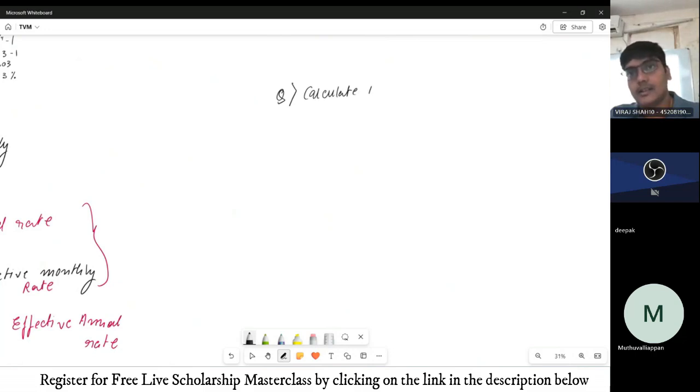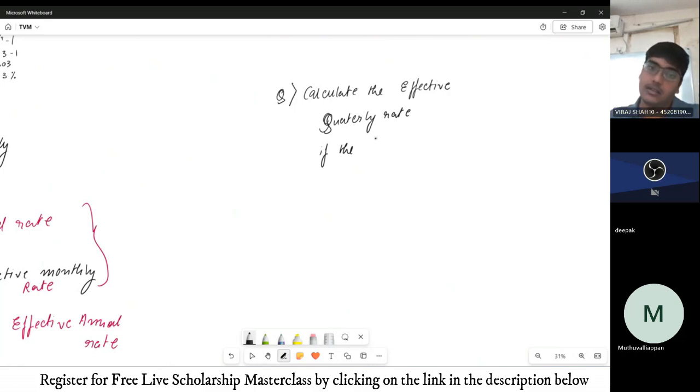Calculate the effective quarterly rate if a person is earning same 12% per annum compounded monthly.